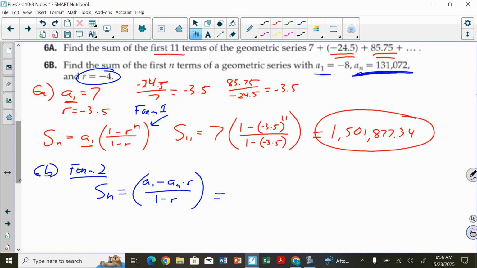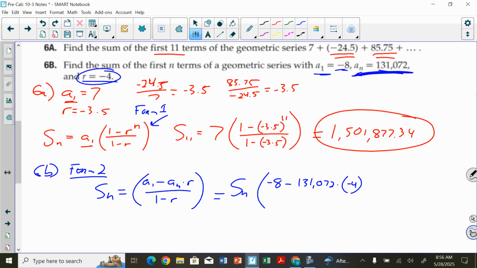So in that case, S sub n is equal to a sub 1, the first term, that's negative 8, minus a sub n, which is 131,072, times r, which is negative 4.